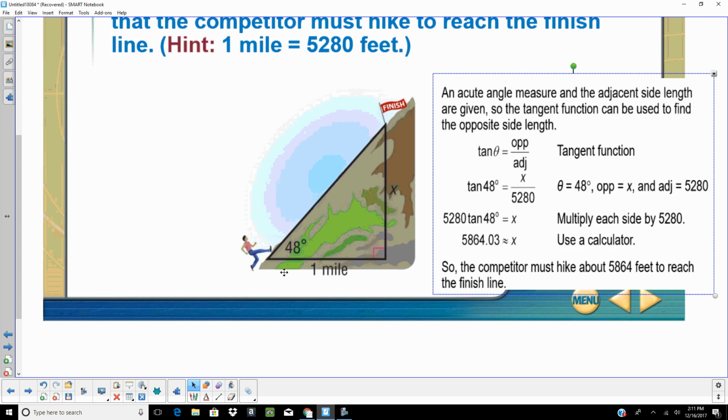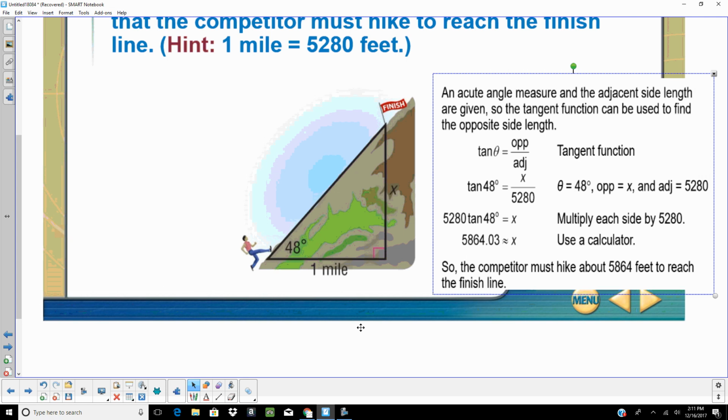We're looking for that opposite, and they're giving us the adjacent. Well, I'm using the adjacent as 5,280 feet. So I'm going to multiply both sides by 5,280. Type in tangent of 48, and I get 5,864.